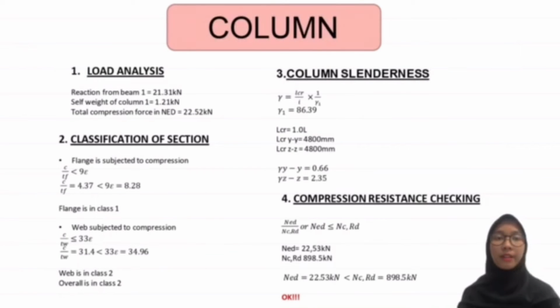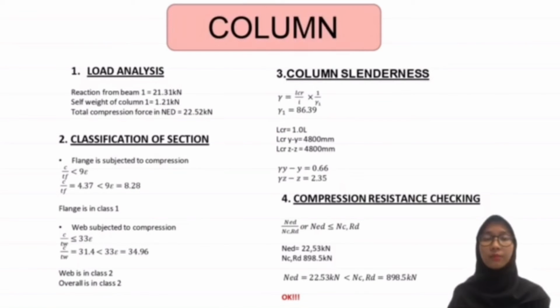Web is in class 2, so the overall classification of the section is class 2. For column slenderness, LCR is 1.0L. LCR for the YY section is 4,800 mm, and the same goes for LCR of the ZZ section.